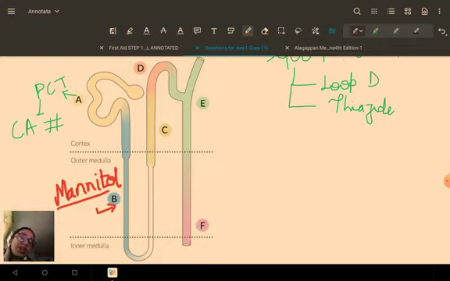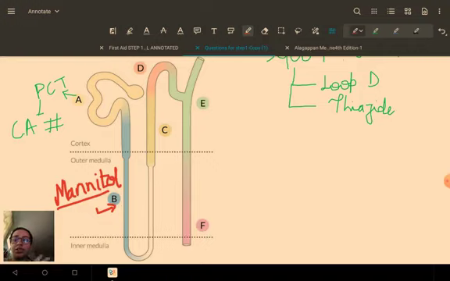It can be used to decrease intraocular pressure or even intracranial pressure. Its side effect is pulmonary edema, but nowhere is it useful in primary hypertension, and it is also not useful in any of the conditions that we are dealing with here, like osteoporosis.